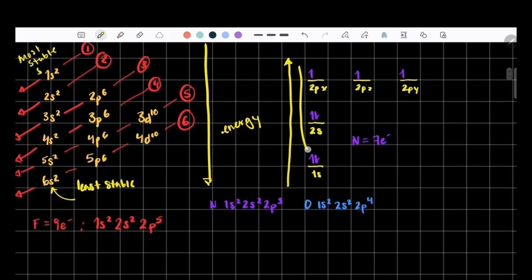So nitrogen has 5 valence electrons, these 5 here. And you see how these ones don't have a pair. They're all lone, they're single, they don't have like a lover. They are going to be your electrons that are going to want to bond the most.